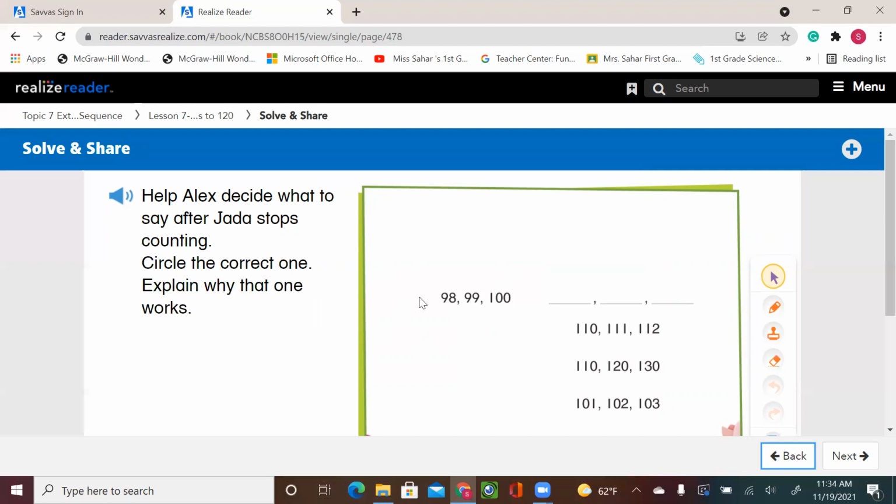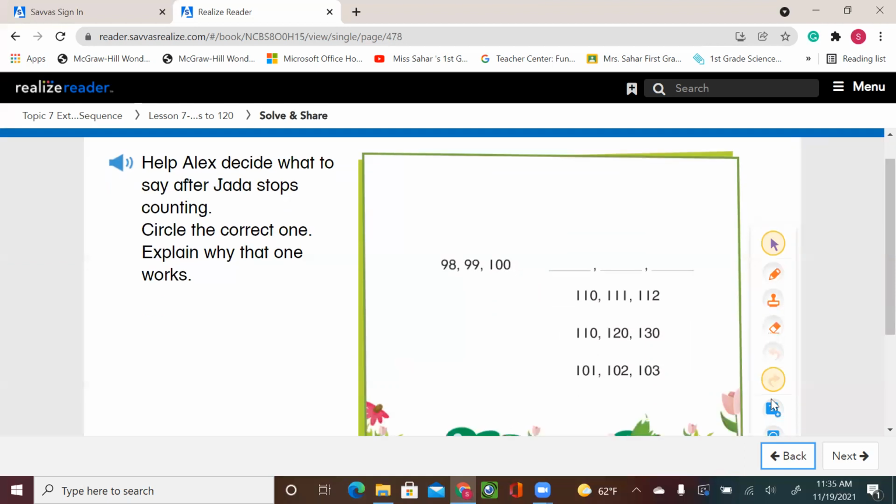Circle the correct one. So Jada was counting 98, 99, 100, like a whole green block of 100. I'm adding 1 block, so it's going to be 101. Another block would be 102, and then another one would be 103. So that's the choice.